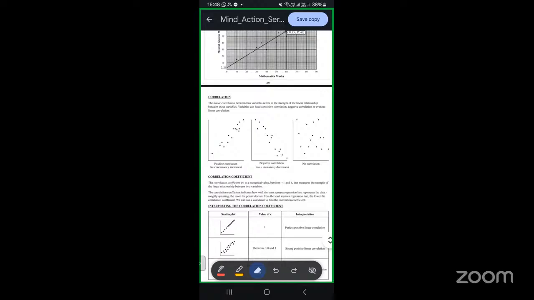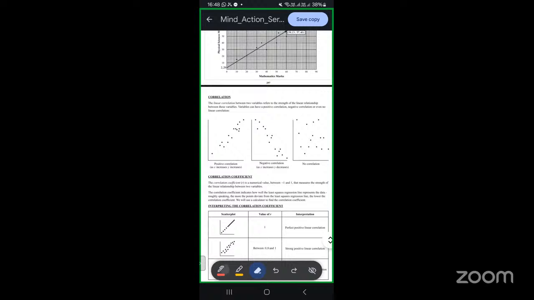Whenever they require you to calculate the correlation coefficient, you go for that option for r. Then our r in this case is 0.95. And indeed, that number is not greater than 1, so it's a valid correlation coefficient. That's okay. Does it make sense? Yes, sir. Thank you.